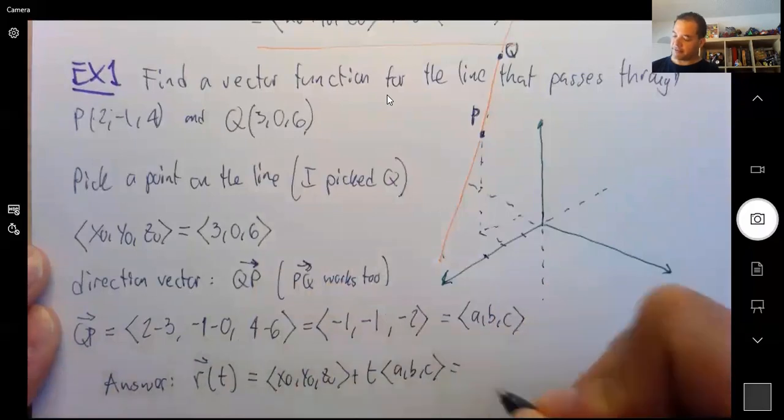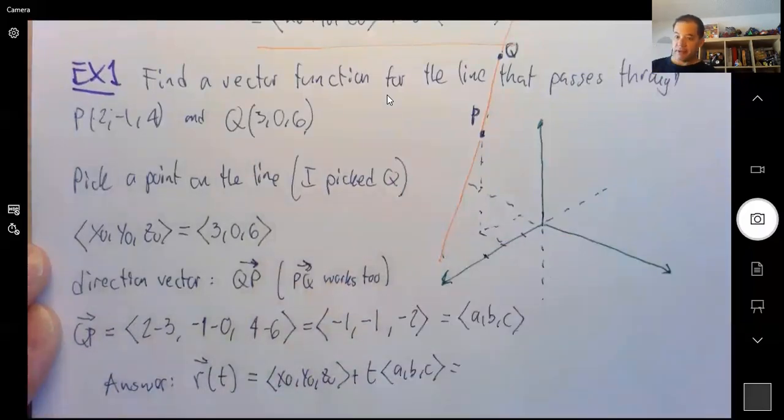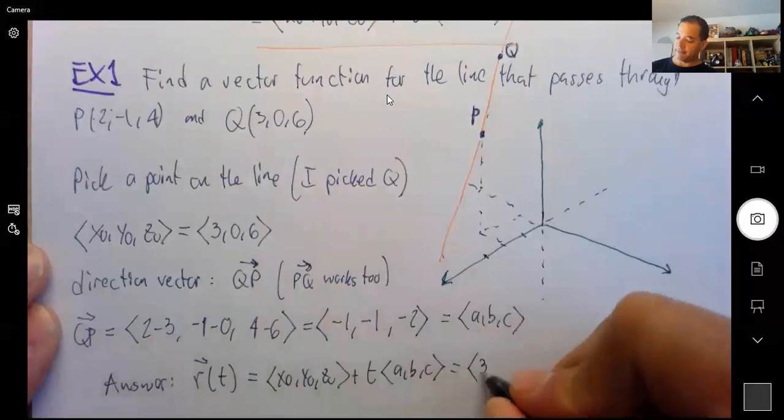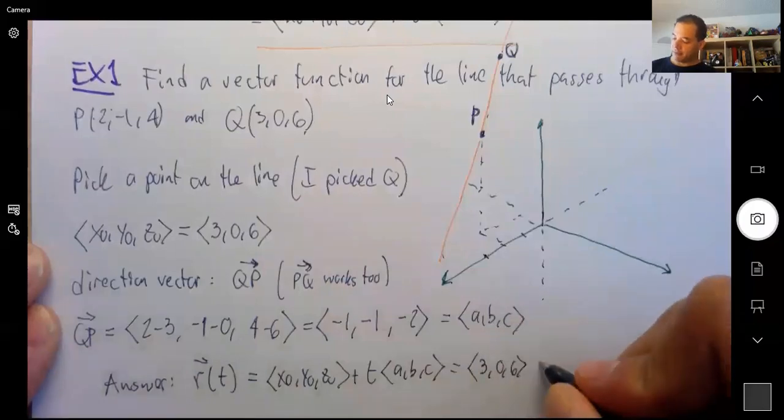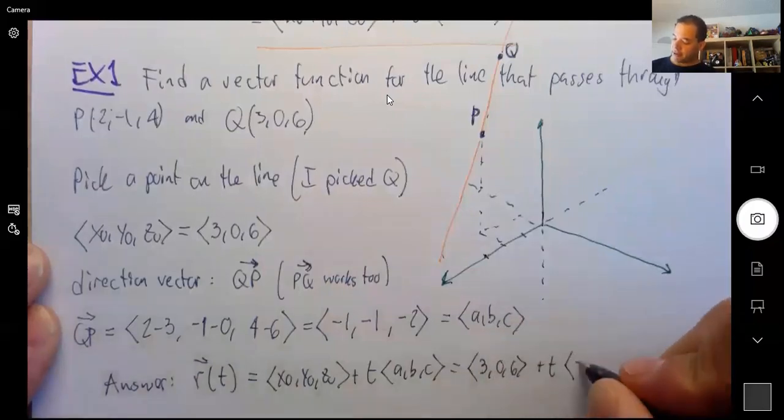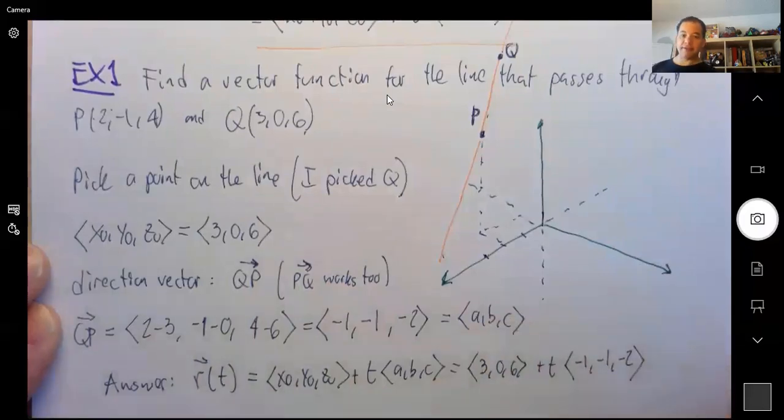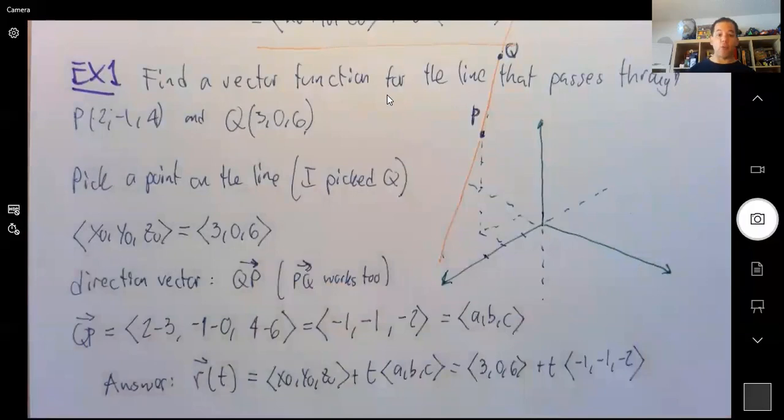In our case, this is 3, 0, 6 plus t times -1, -1, -2. And that's it. That's the one answer, right?